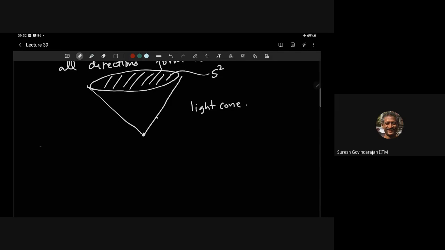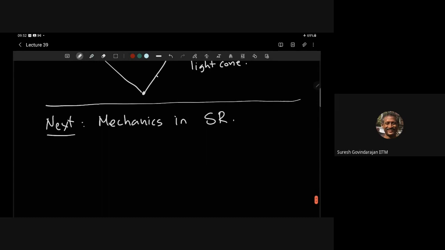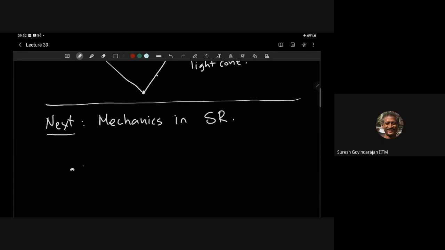Before we proceed, next what we want to do is mechanics in SR. There is another thing which I should have done today. I got distracted, but these go by the terms like Lorentz contractions and time dilations.